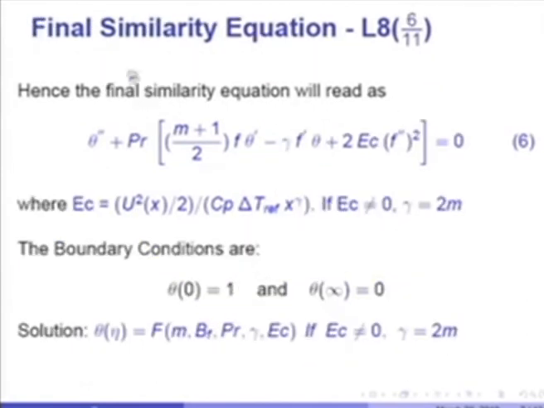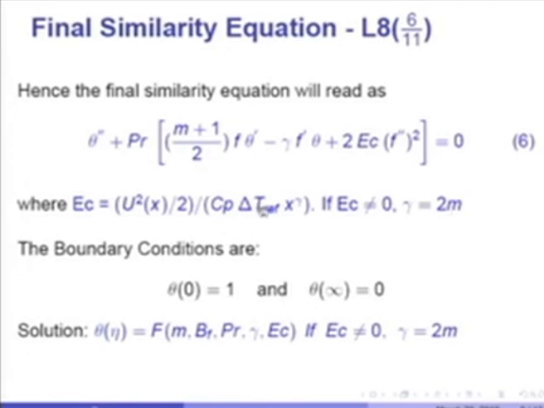So, then our final energy equation is of this type: theta double prime plus Prandtl (m plus 1) by 2 f theta dash minus gamma f dash theta. This represents the wall temperature variation, this is the viscous dissipation, and this is the pressure gradient, and this is the Prandtl number, with a reminder that EC is equal to this, and if EC is not equal to 0, then gamma is equal to 2m, otherwise gamma can take absolutely arbitrary values.